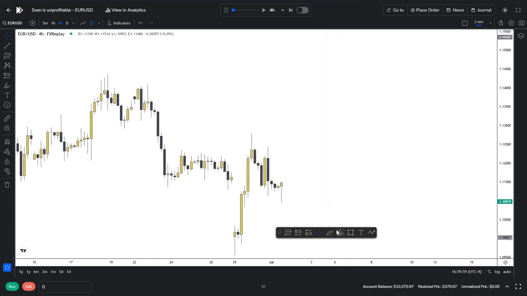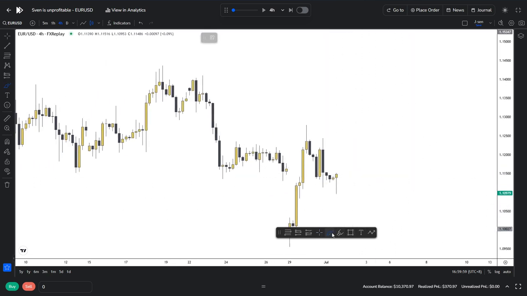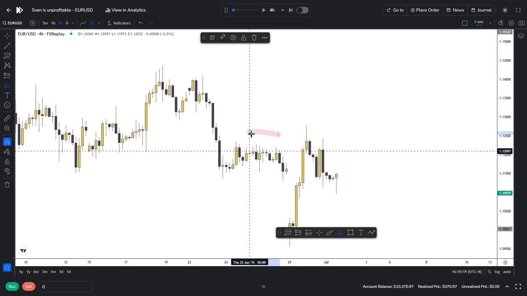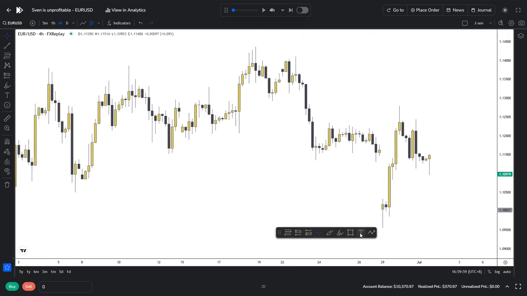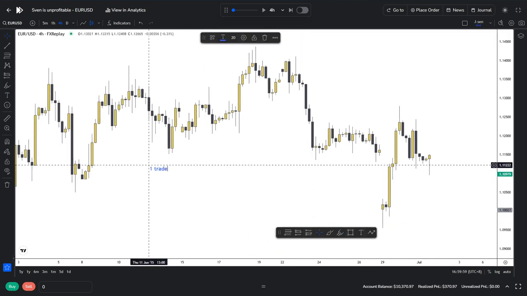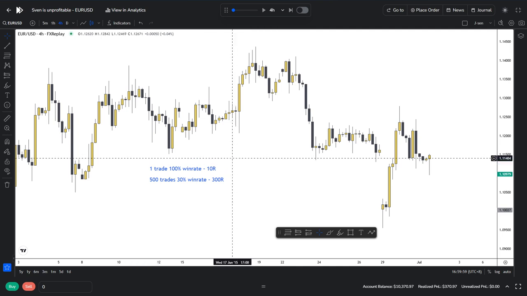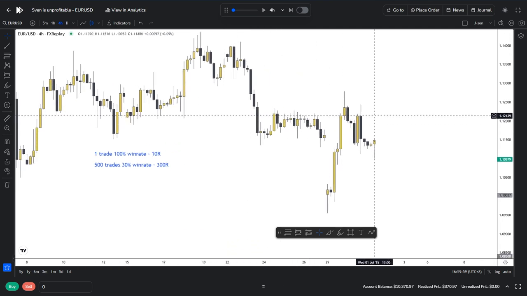That's a common thing with SMC, is trying to get the perfect AAA setup. And then you're only taking one trade instead of 500 trades. And now you have a 100% win rate the entire year instead of a 30% win rate. But now this guy has 300R and this guy has 10R. You guys get the point, right?